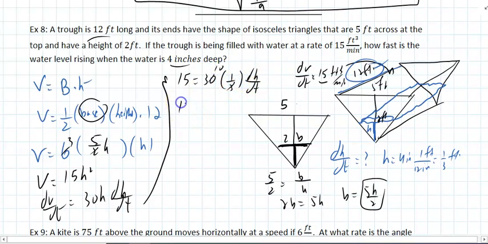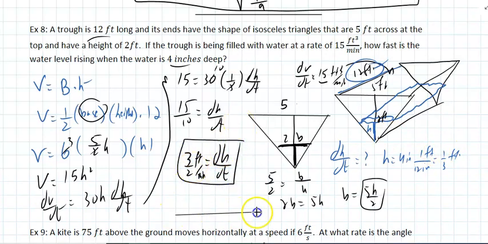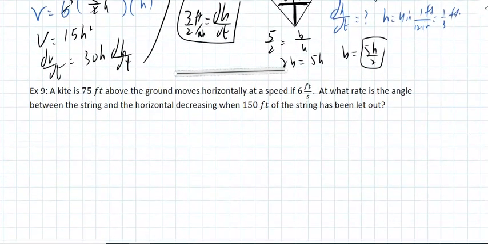Divide by 10 on both sides: 15 over 10 is dh/dt, which is 3/2, and the units would be feet per minute. So the equation is the hard part. Once you get that done, you're in very good shape.